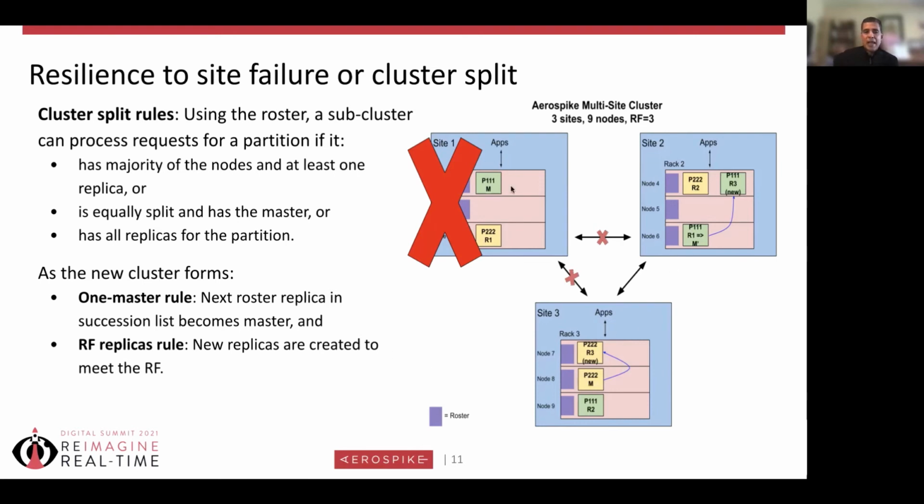And for all the copies or replicas that were in site 1, new replicas are created to maintain the RF replica rule. So with that, the new cluster is formed, and while the data migration is happening, all the partitions are still available for any incoming requests.